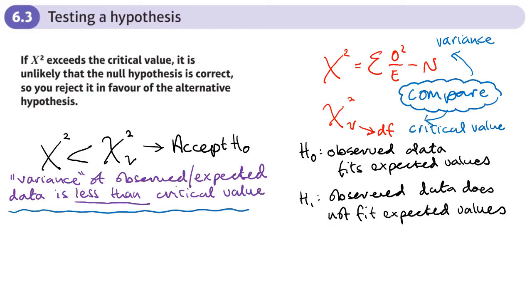Whereas if our variance calculation is greater than the critical value we get from chi-squared, then we reject H0.